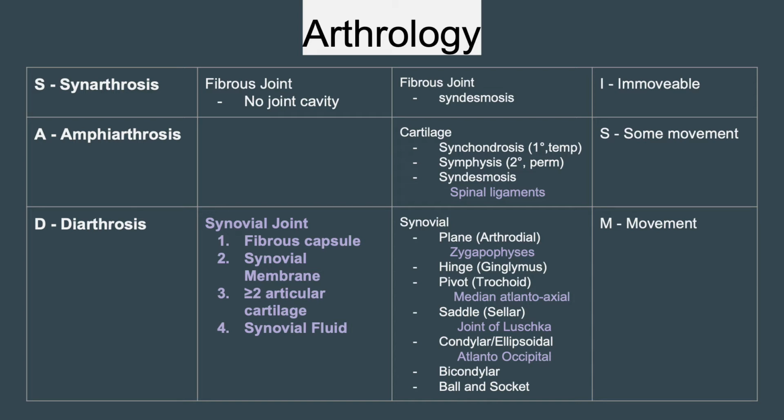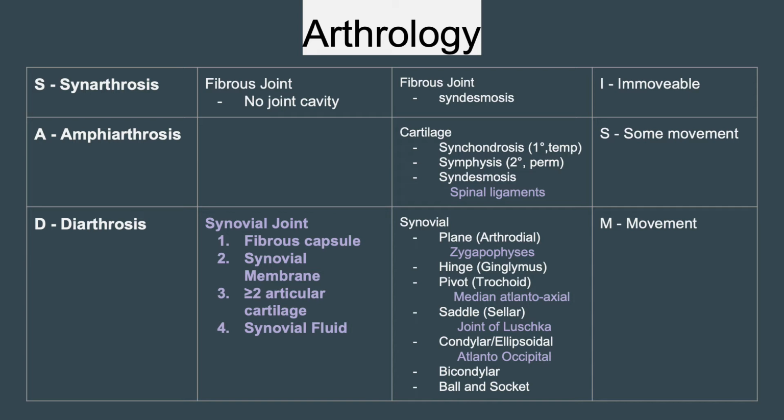So the median is very important to add there because there's also lateral atlantoaxial joints, which are going to be parts of your zygapophyseal joints. So only the middle part of that AO joint is a trochoid. And then for the saddle or sellar joint, our joints of Luschka are going to be modified saddle joints, so definitely know that.